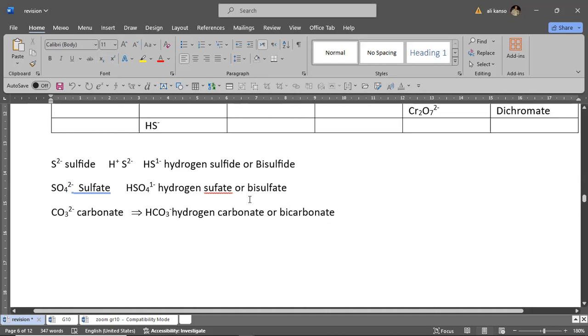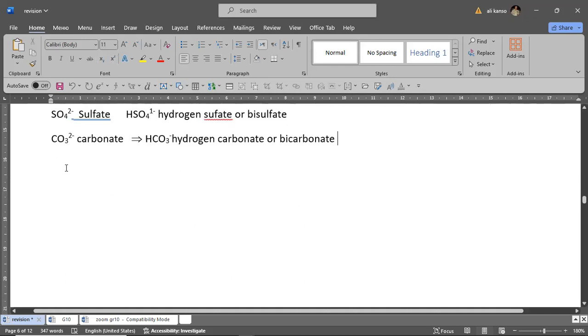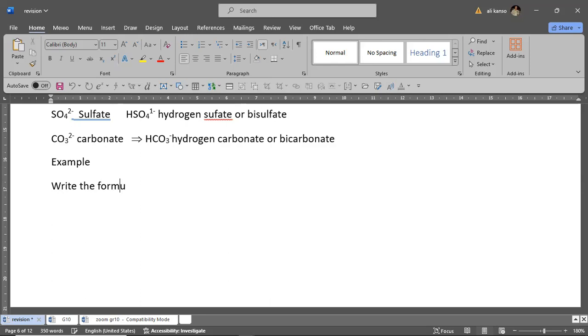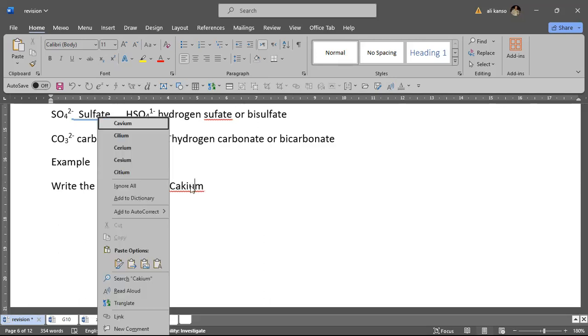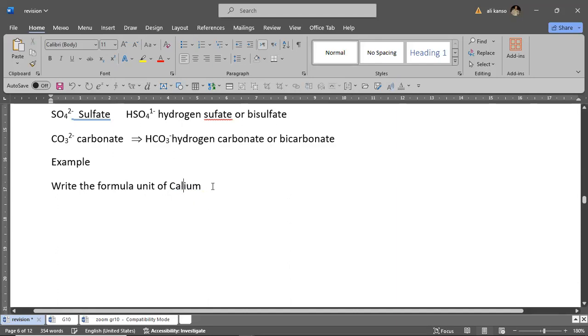Okay, these names are to be memorized well in order to be able to write a formula unit. Example: write the formula unit of calcium nitrite.